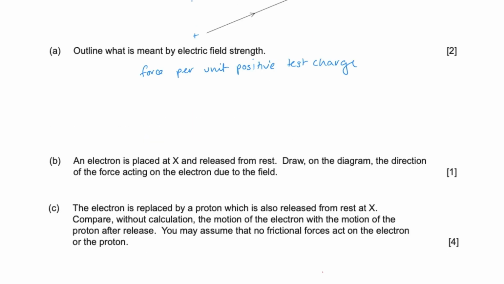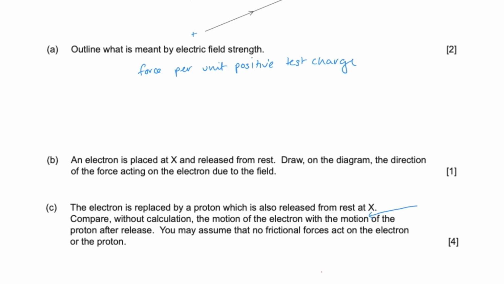C. The electron is replaced by a proton which is also released from rest at X. Compare, without calculation, the motion of the electron with the motion of the proton after release. You may assume that no frictional forces act on the electron or the proton. So the first thing I'm going to say is when you're asked to describe the motion, you want to use one of 4 terms: constant velocity, stationary, acceleration, or deceleration.